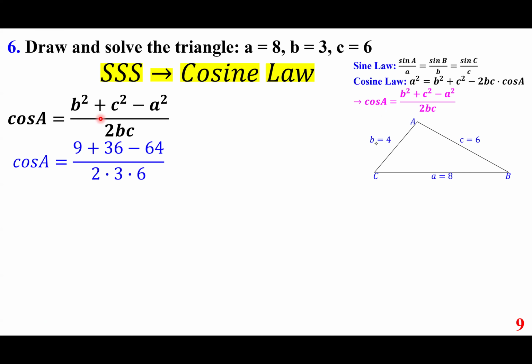So we have B squared, which is 16. So this number is 16, everybody, because 4 squared is 16. The denominator is 2 times 3 times 6. 6 times 6, 36. The top 16 and 36 and minus 64.